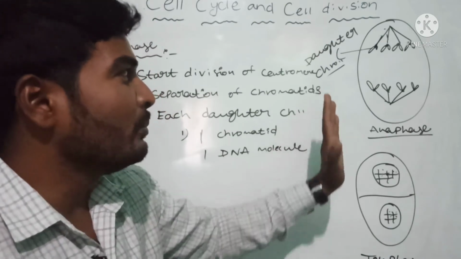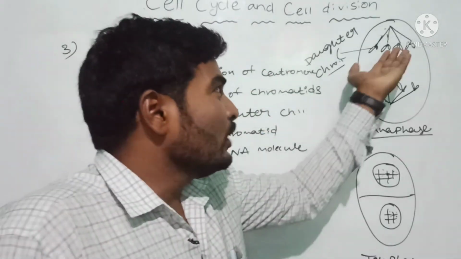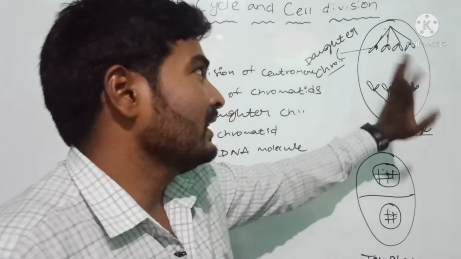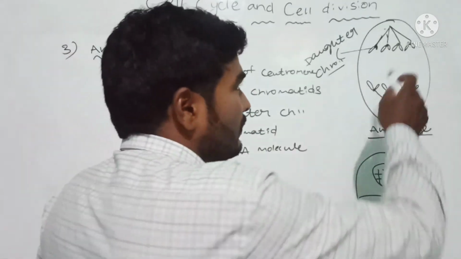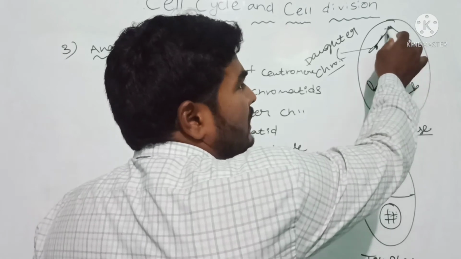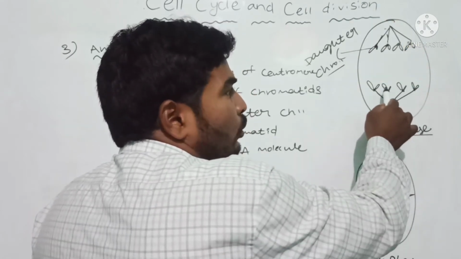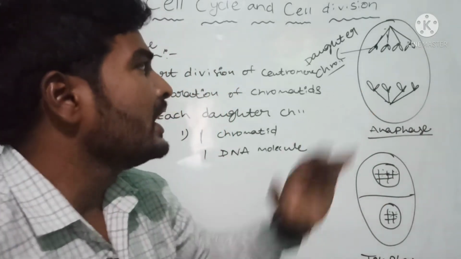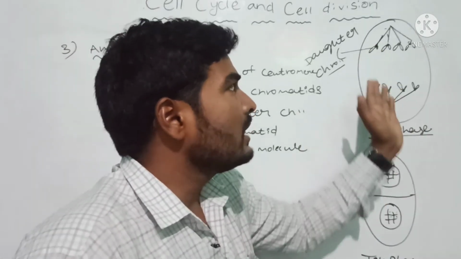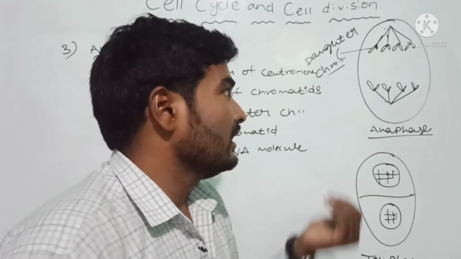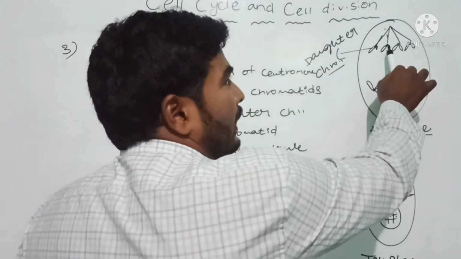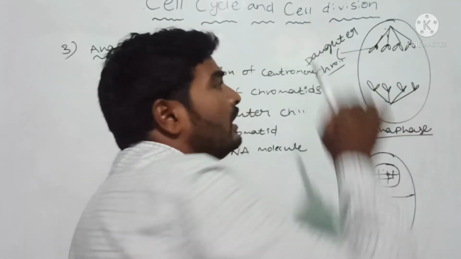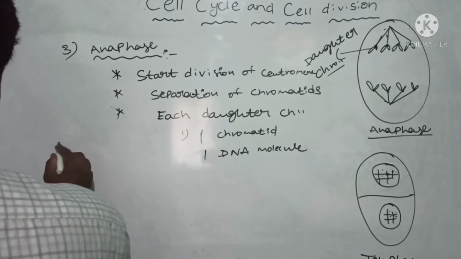Here is another most important point: what is the location of the centromere and chromatids? Look at this picture. The centromere is located towards the poles and the chromatids are located behind the centromere.